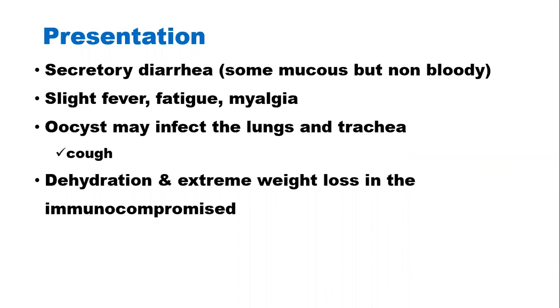But because the organism is not actively invasive, you don't have dysentery. So the stools are non-bloody. There may be slight fever, fatigue, and myalgia. The oocysts have occasionally been shown to infect the lungs, so the patient may present with chest symptoms.